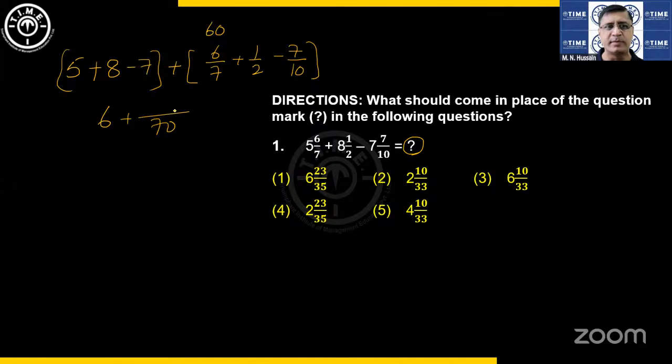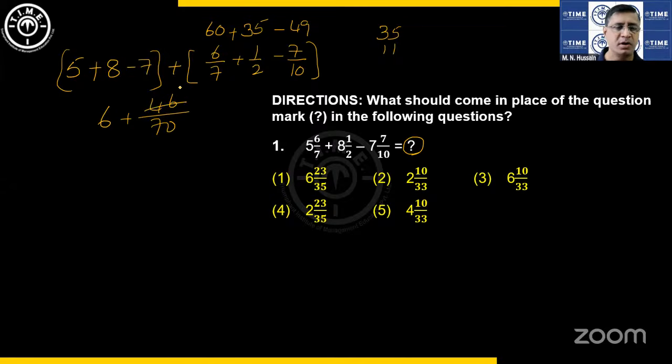7 goes 10 times, 10 into 6, 60. Now 2 goes 35 times, 35 into 1. 10 goes 7 times, 7 into 7, that is 49. Now just observe: 60 plus 35 minus 49. 60 minus 49 is 11. 35 plus 11 is 46.